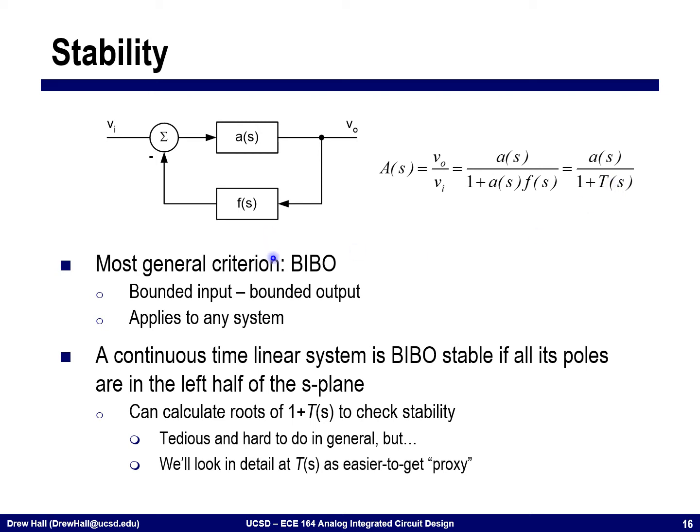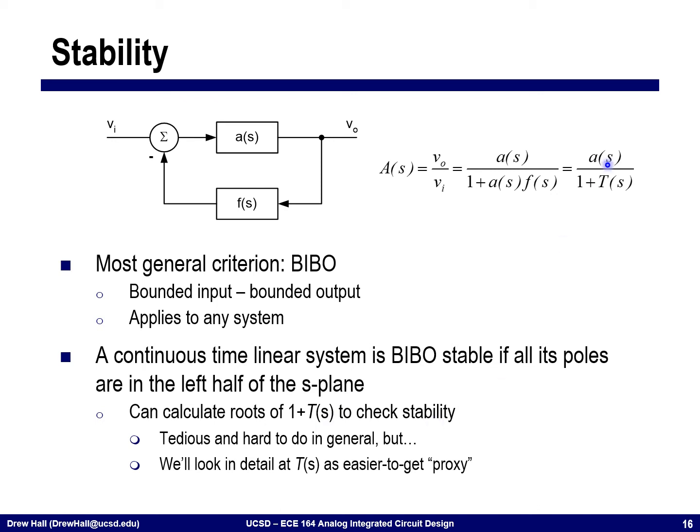The most general criteria to prove stability is what's known as the bounded input, bounded output. This applies to any type of system. And you can show that a continuous LTI system is bounded input, bounded output stable if it has all of its poles in the left half of the S-plane. And so what we'll often do is you can calculate the roots of 1 plus T of S in order to check for the stability.